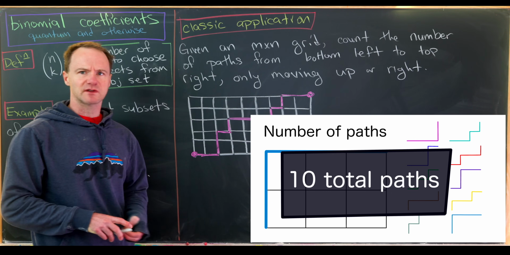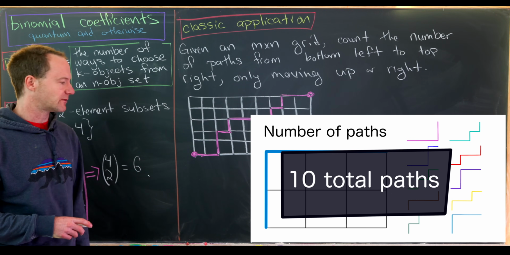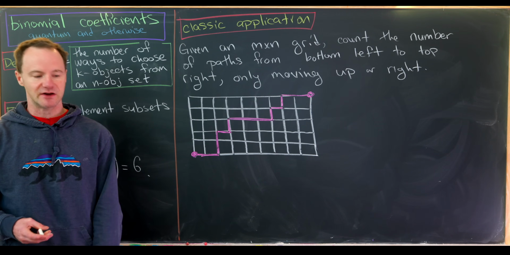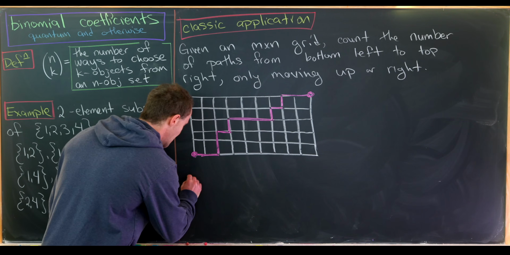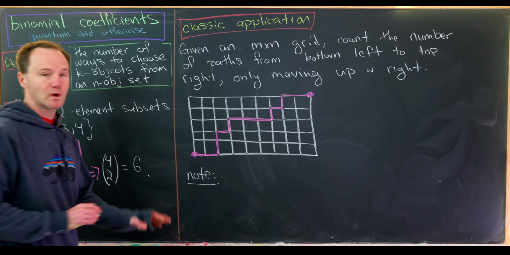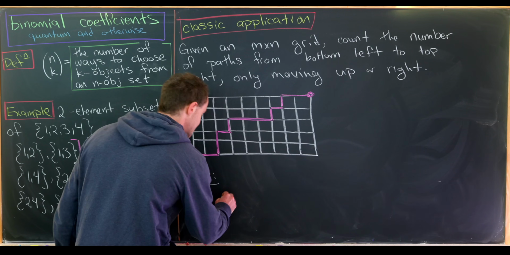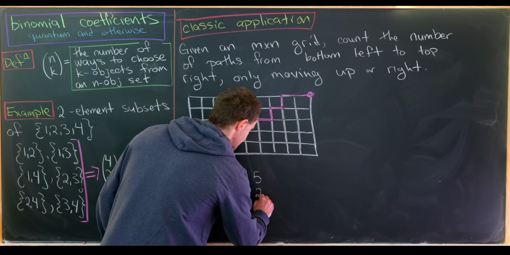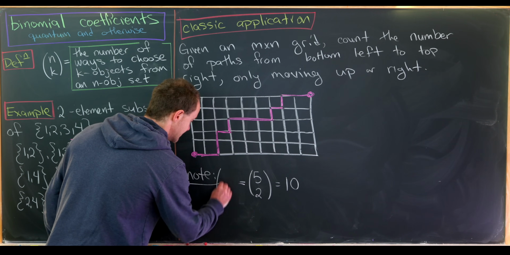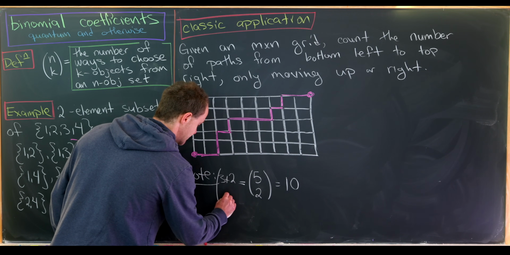And now we just need to relate this number 10, the total number of paths, to the numbers 3 and 2 in terms of binomial coefficients. But that's not too hard to do if you play around with it a little bit. And what you'll see is that 5 choose 2 is in fact equal to 10, but 5 is equal to 3 plus 2.